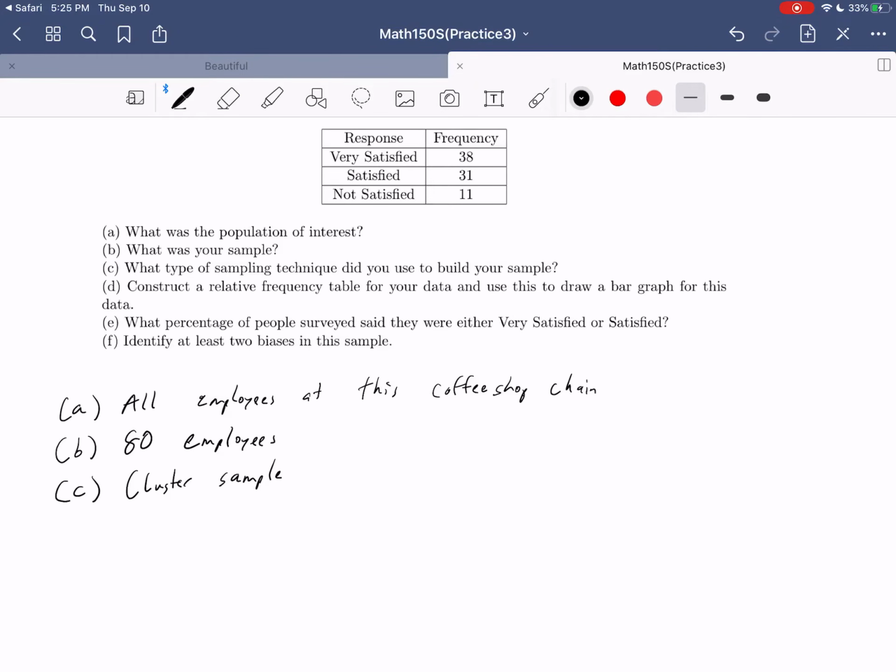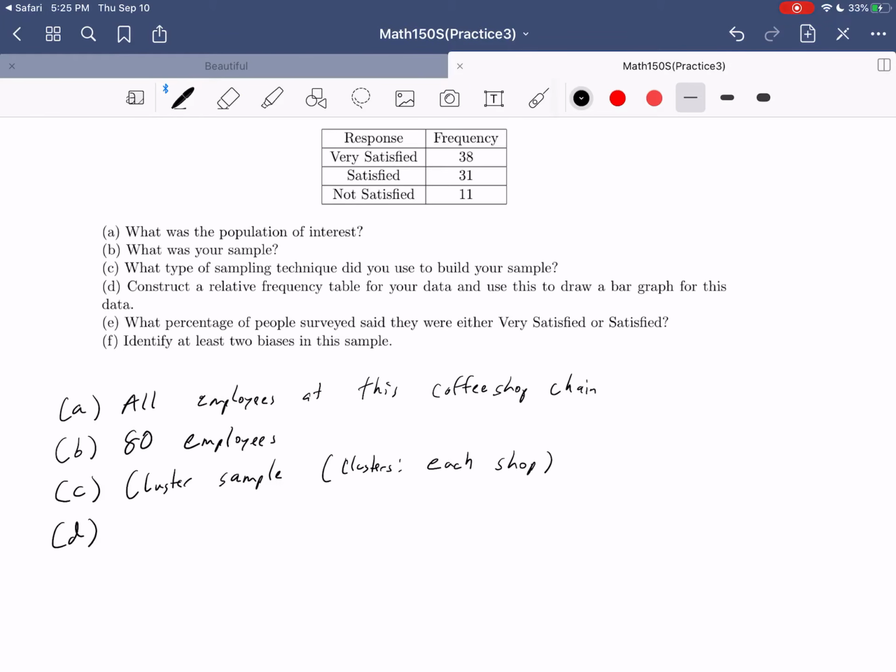But we tried to get 500 individuals. So every selection we made added a bunch of individuals to our sample. The clusters here are each shop. Each shop maybe had 10, 20 employees, so every time we selected a shop, we added a bunch of people to our sample.